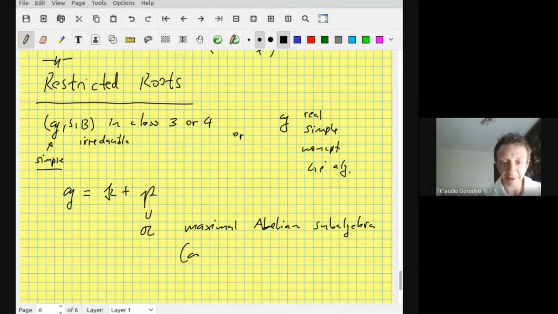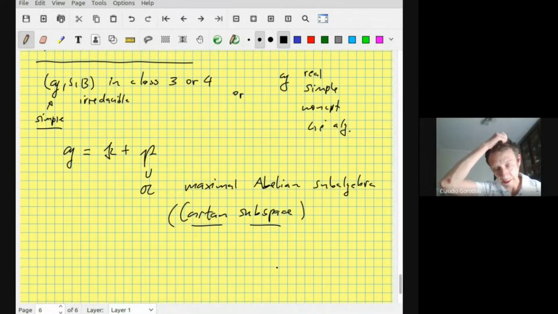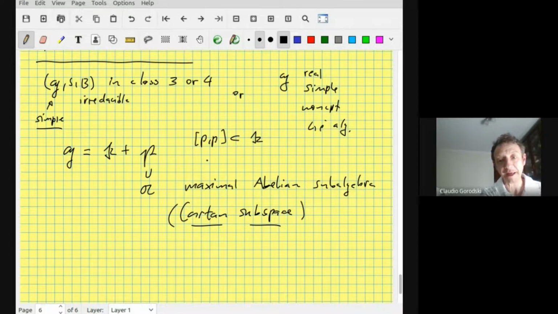Sometimes this is called the Cartan subspace. Well, we know that this is an involutive decomposition, so P bracket P is contained in K. So any subalgebra of P must be abelian, therefore, right? You take a maximal abelian subalgebra then.